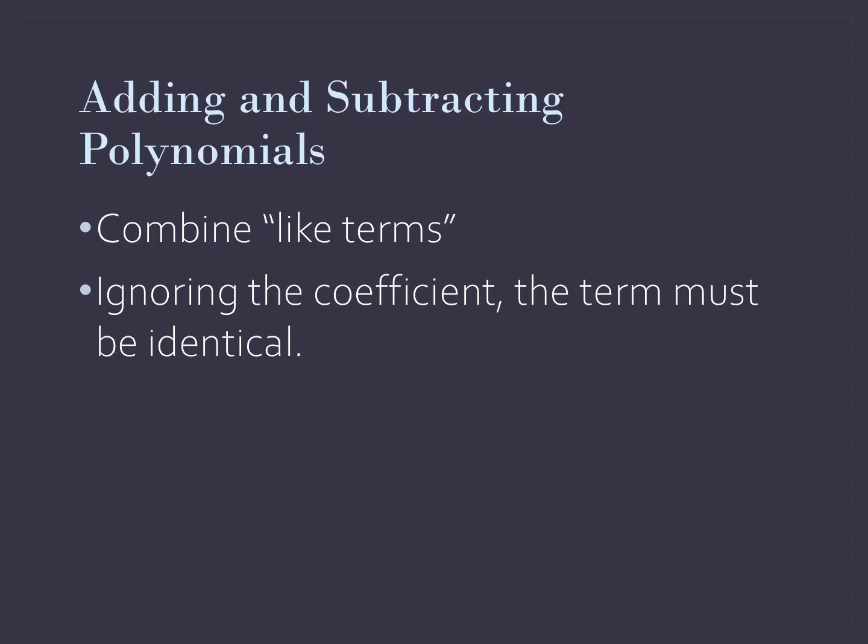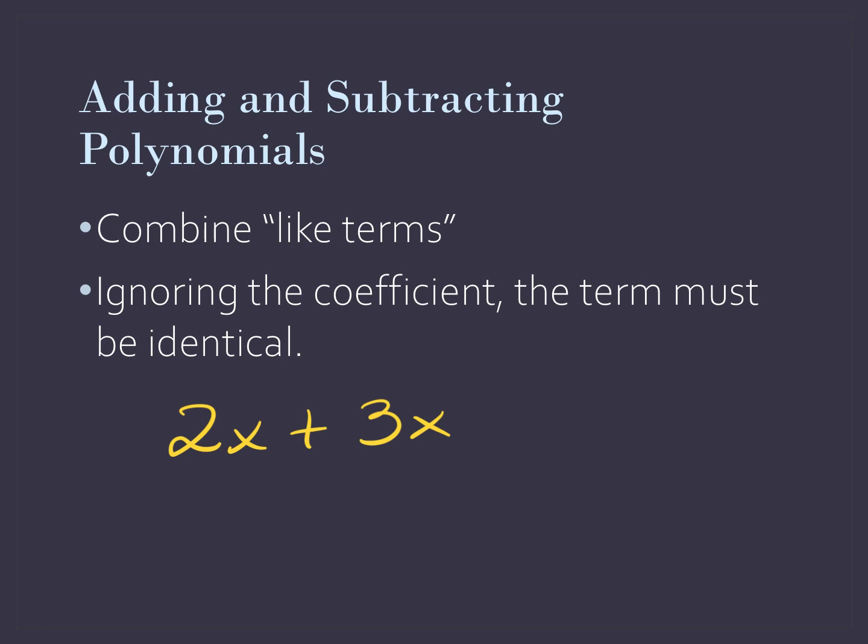When you're adding and subtracting polynomials, essentially what we're doing is just combining like terms. In order for a term to be like, we don't look at the coefficient, we just look at the variables that are in the problem. So for example, if I gave you this problem and said simplify this, notice that they both have the same variable.